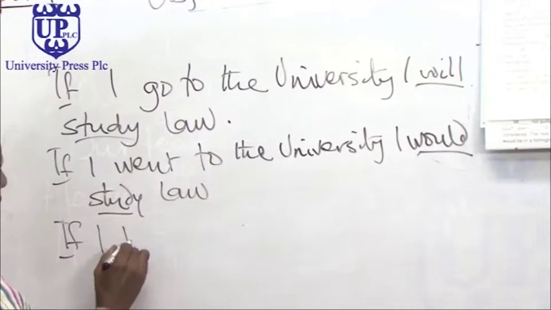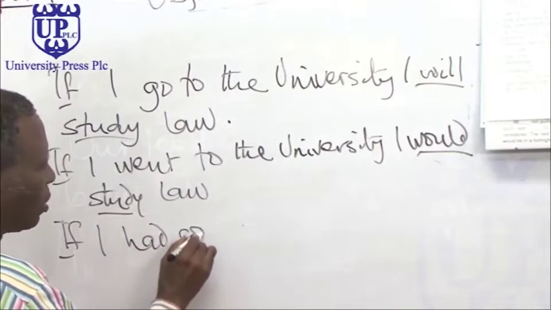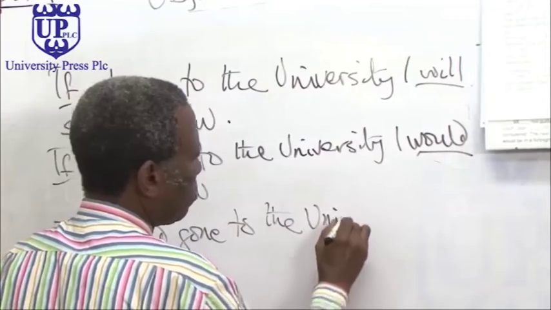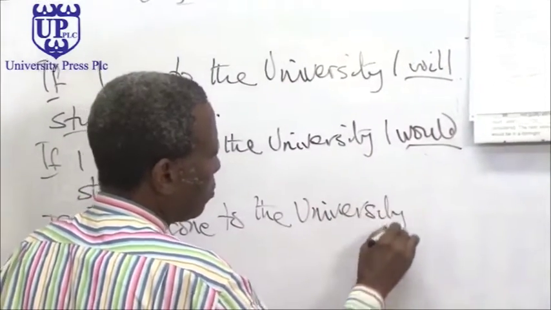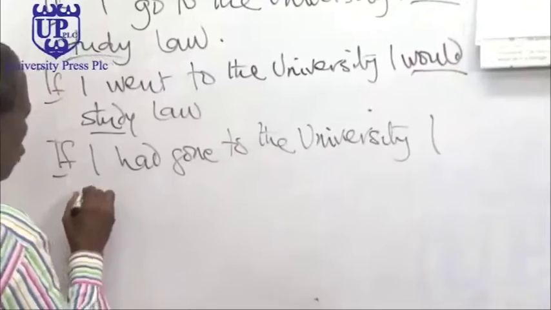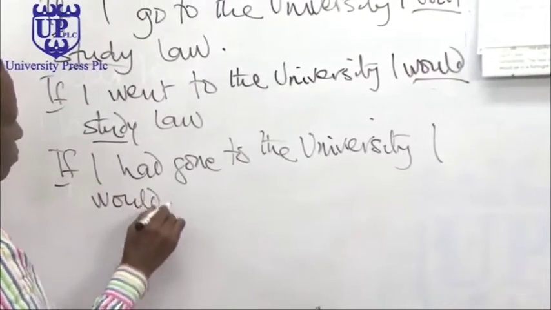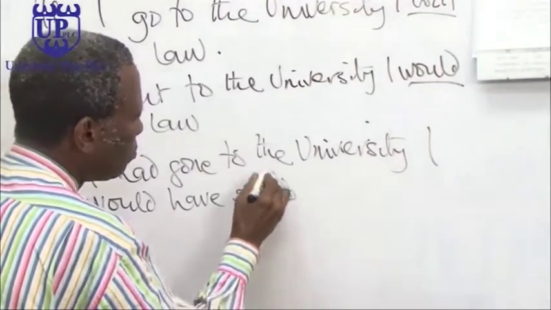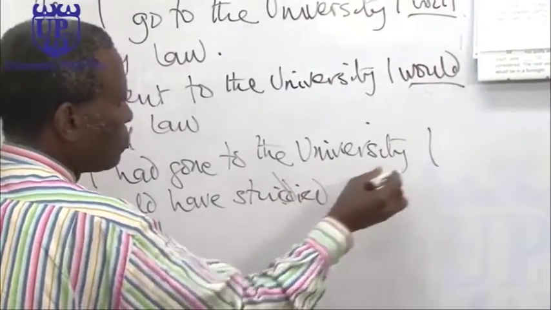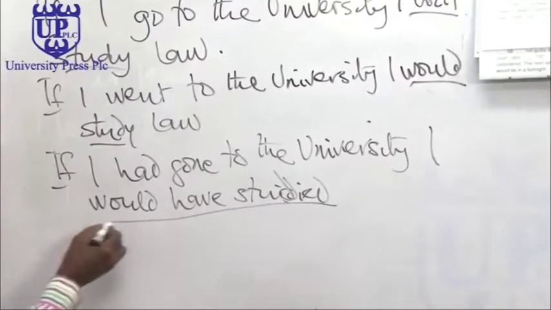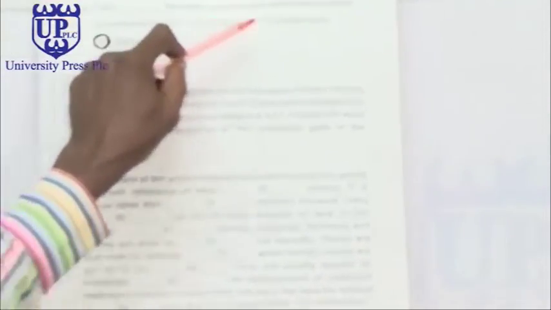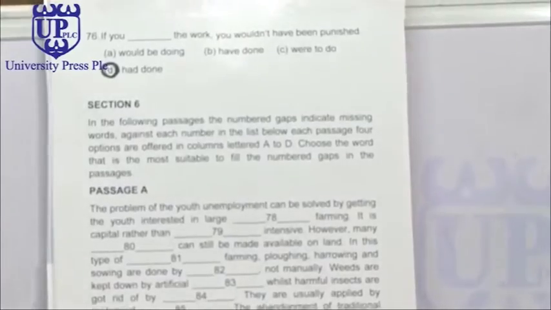If I had gone to the university, I would have studied law. This one is now would have studied, which is impossible. So if you had done the work, you wouldn't have been punished. So that's the answer there.